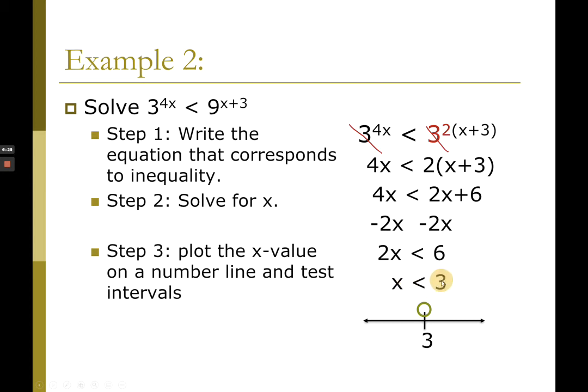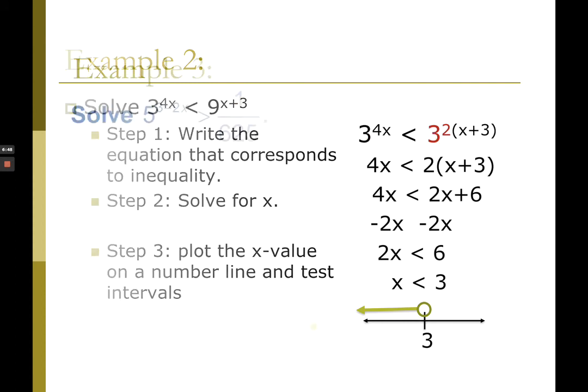Wherever it opens, it's the bigger number. Since x is smaller than 3, smaller or lesser numbers are on the left, so these are the locations of the solutions, including -2, 1, 0, and negative numbers that will make the inequality true. Okay?